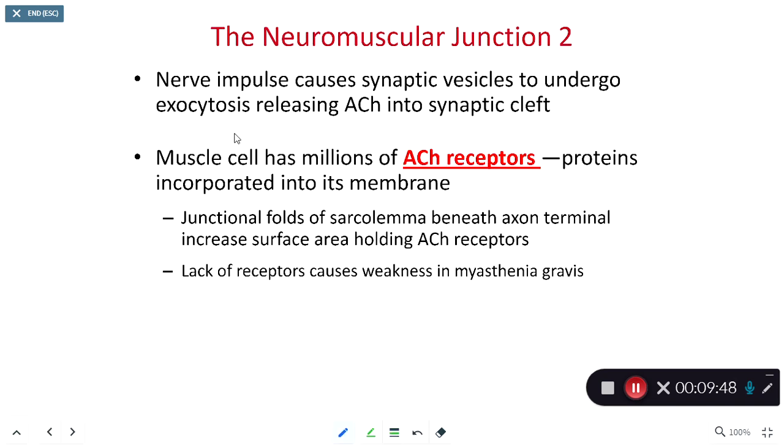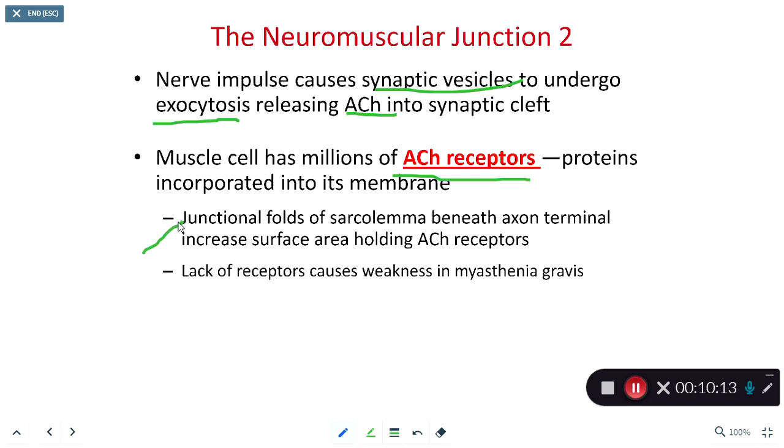Now, as we have this nerve impulse, this electrical signal, sometimes referred to as an action potential, travel down the motor neuron to the axon bulb or the axon terminal, the acetylcholine will be exocytosed from those synaptic vesicles. And the acetylcholine receptors on the muscle side, or on the sarcolemma side, are going to receive the acetylcholine.